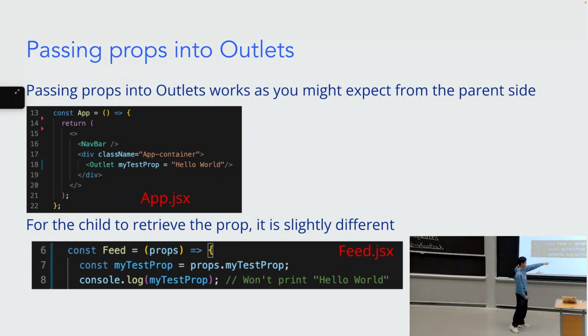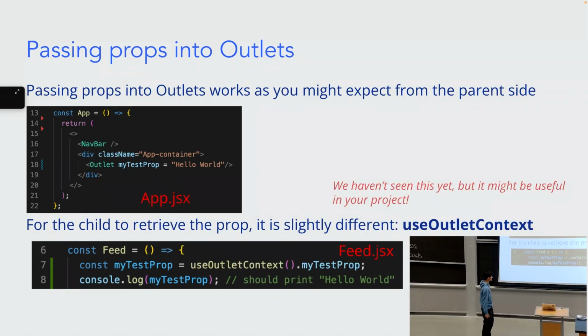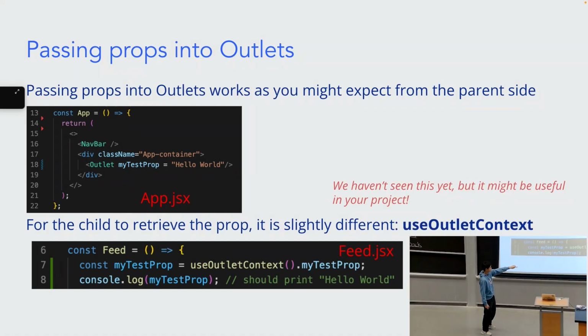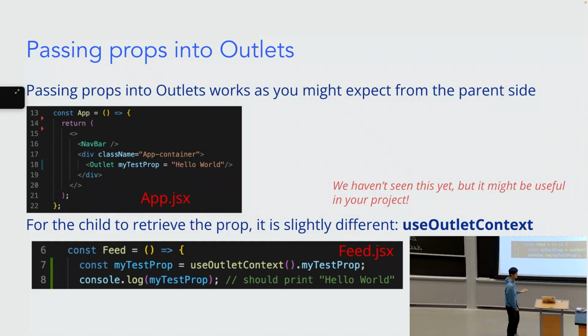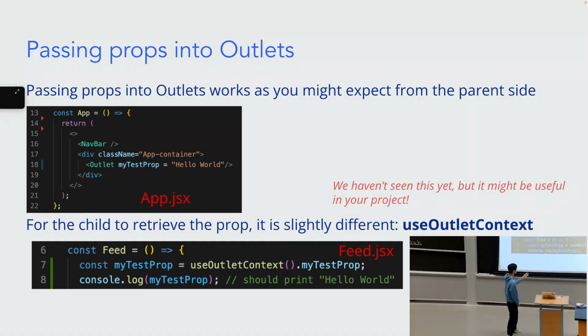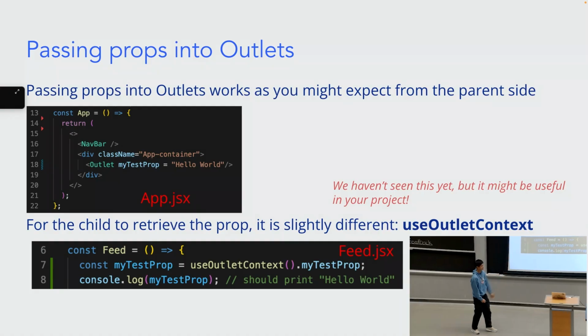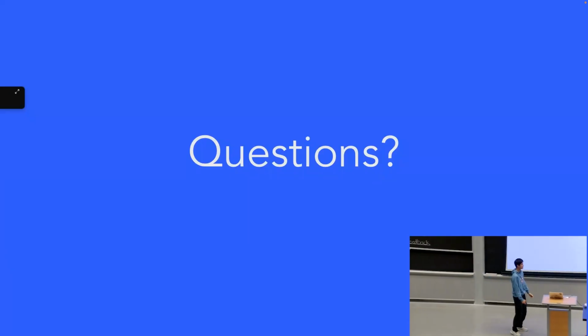So here, if you try to console log this, it won't work. Instead, we use the useOutletContext hook. We haven't seen this yet, but it might be useful in your project if you ever want to pass the same prop into all of the subcomponents of your route tree. Essentially, we just replace props with the useOutletContext hook, and we're able to access the myTestProp parameter.